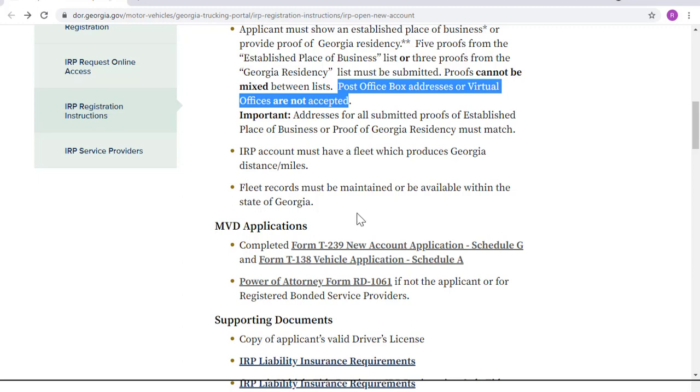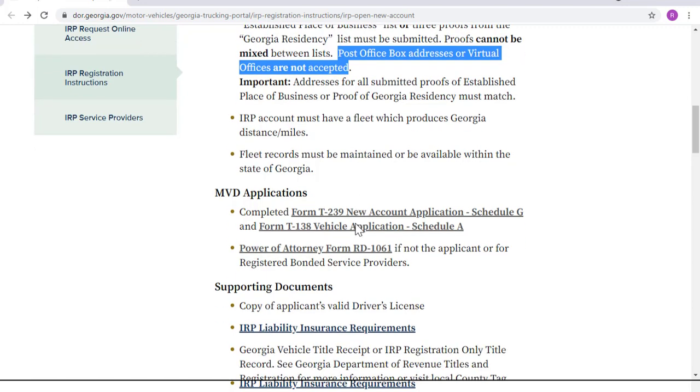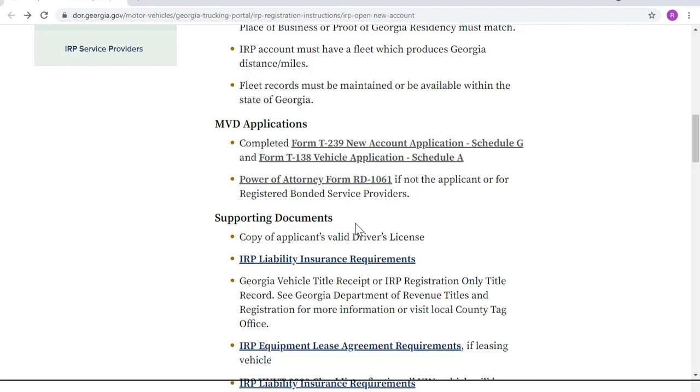All right. So for you other people who are go-getters out there, and you're like, I can take care of this, I've got time. If you've got time, this is for you. All right. So there are two applications with the Georgia application for IRP, right? International Registration Plan. There are two applications. Okay. So you have your new account application.